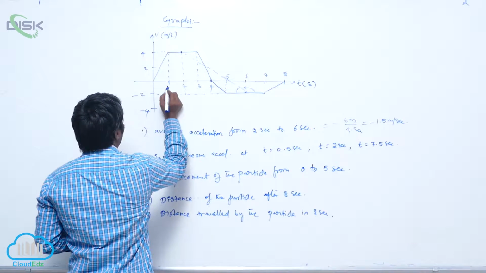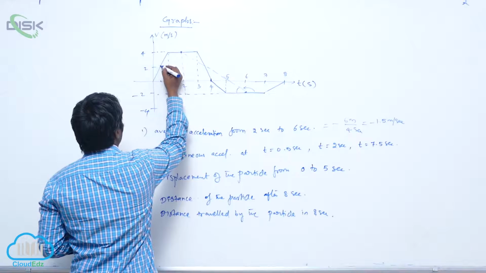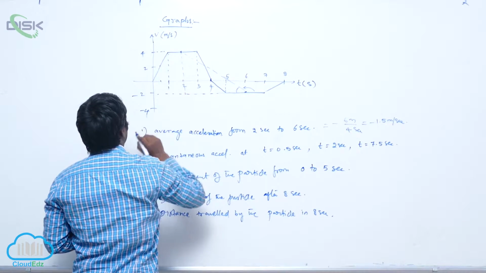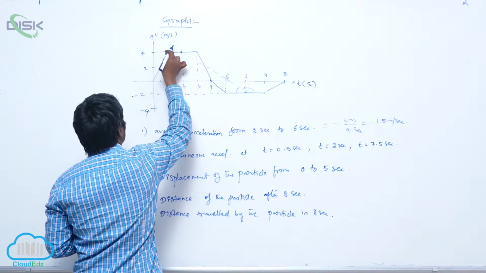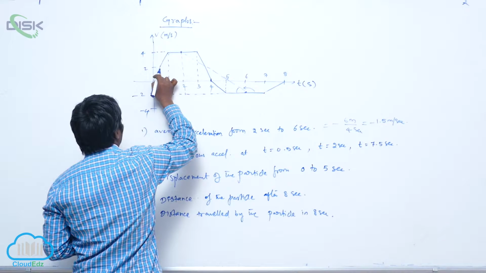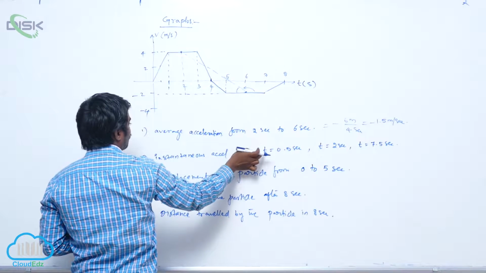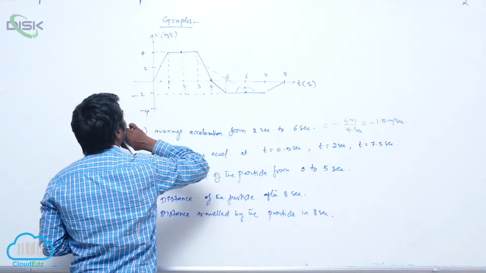Now this is 1 second, now this is 0.5. This is the point. We have to draw a tangent, this is along a straight line, so this straight line's slope gives you the tangent slope, and it gives you instantaneous acceleration at this point, at this time t equal to 0.5.